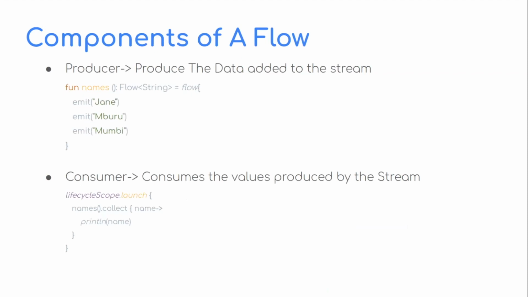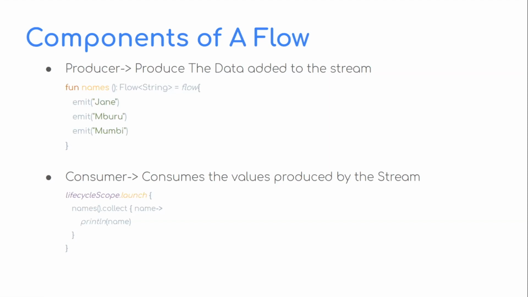Components of a flow. What are the components of a flow? So we have a producer. A producer is the object that creates the data that is emitted to the stream. For example, here we have a flow that emits three names of people. We have Jen, we have Mburu, and we have Mungu.